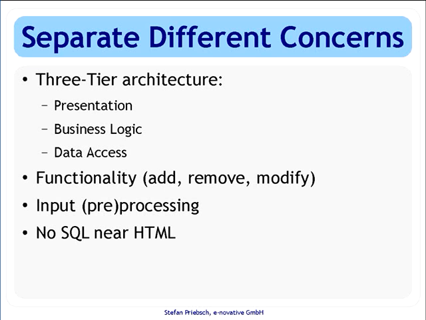Presentation layer handles, as the name suggests, the presentation issues. Basically, this is where the HTML is. The business logic does the heavy lifting. The business logic does all the calculations. The business logic is where the action is. That's basically what your customers pay you for, and this is what the management pays you for. The program has to do some stuff that's useful to your company.